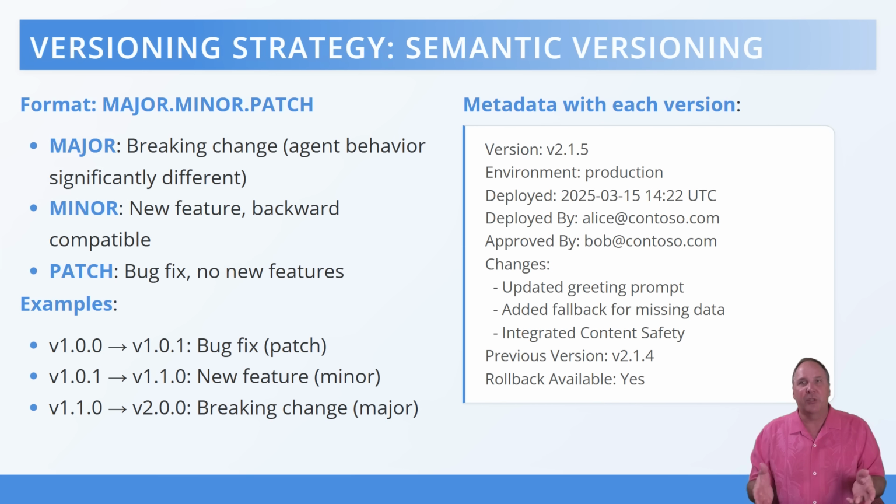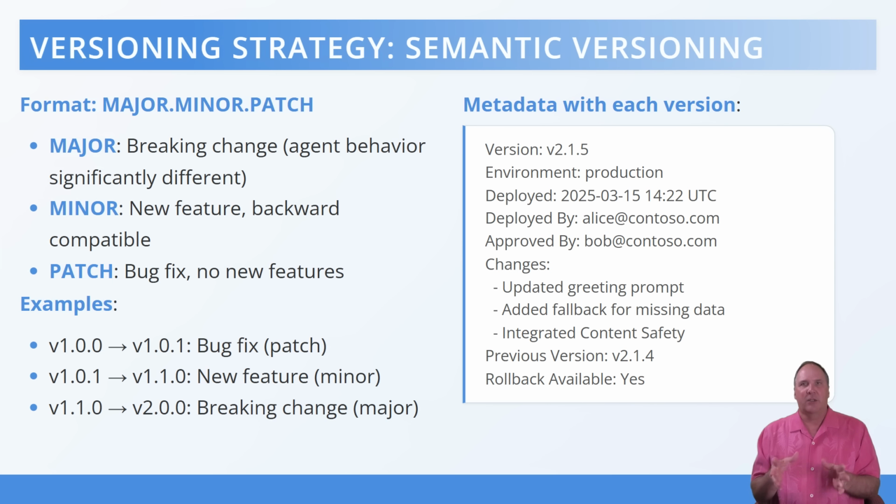When you tag a version in Copilot Studio or Foundry, you document what changed. This is your change log. Additionally, you can tag versions with environment information, like version 2.1.5-prod deployed to production on March 15th, version 2.1.4-staging in staging.